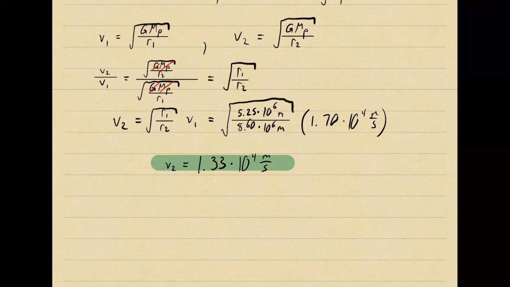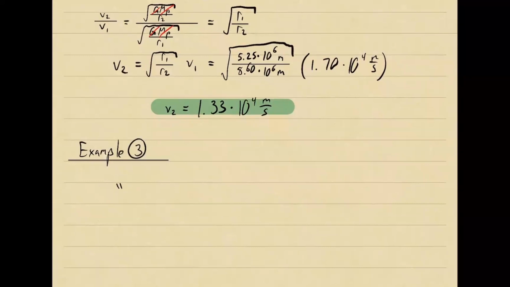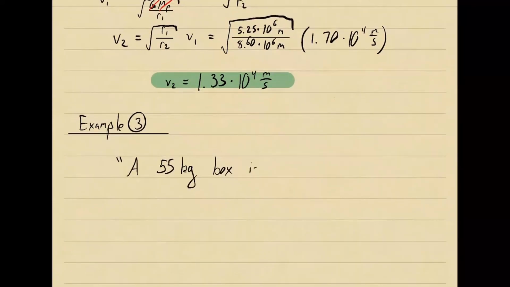All right, so now let's move on to our third example. So this is example 3, and example 3 comes from the chapters on work and energy. Example 3 says that a 55 kilogram box is being pushed a distance of 7 meters across the floor by a force.